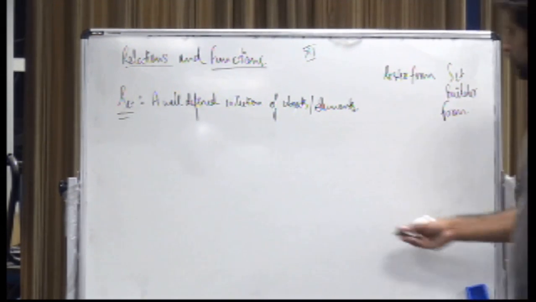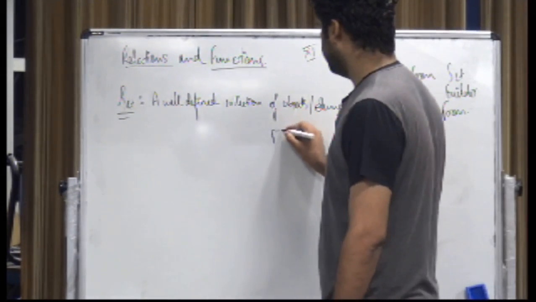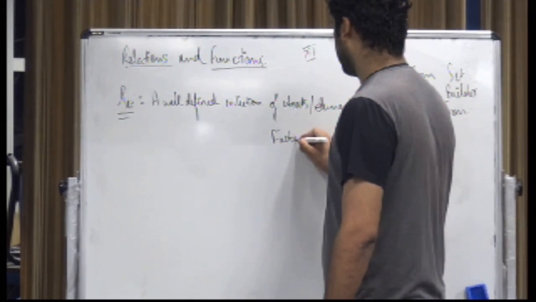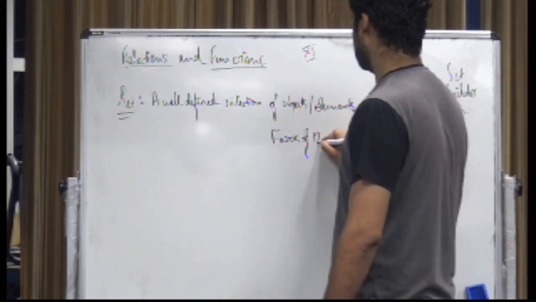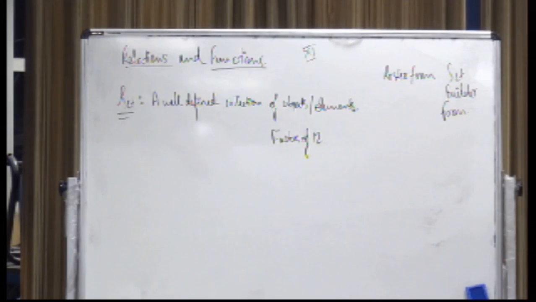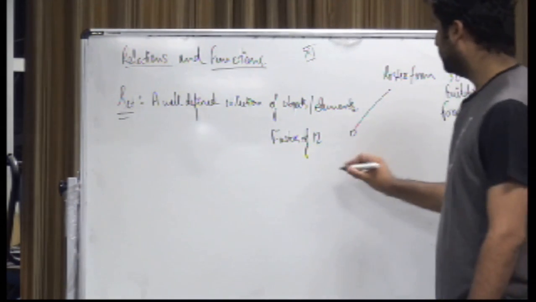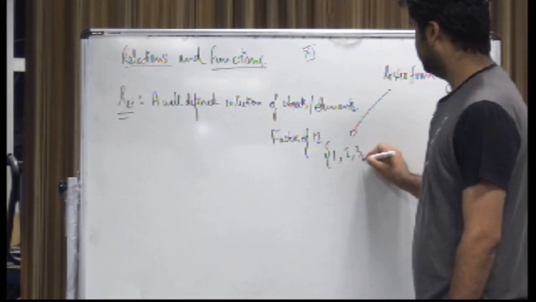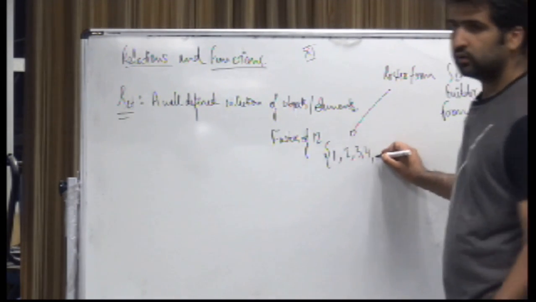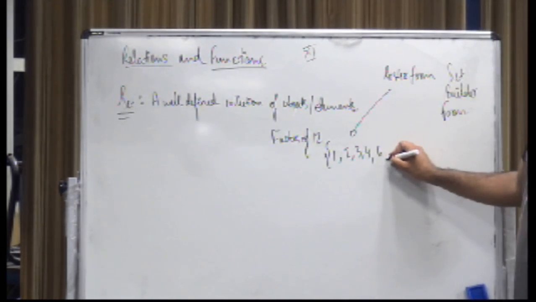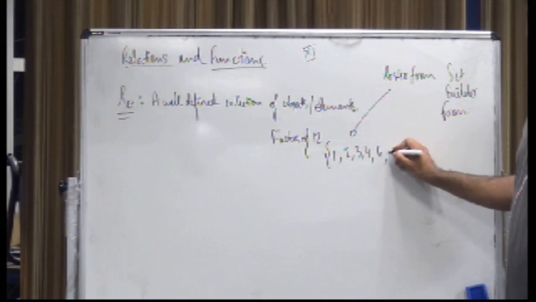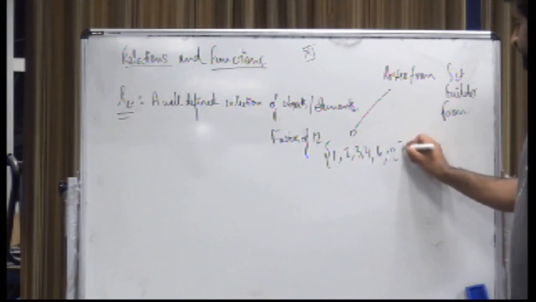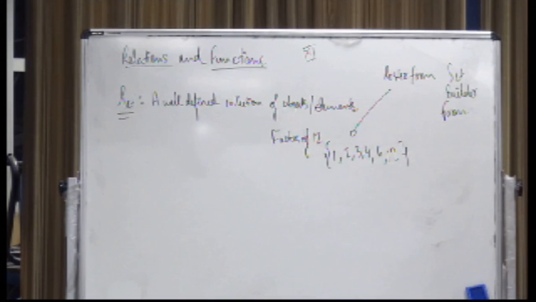Let's suppose you want to define a set for factors of 12. Roster form will just give you all the factors of 12, which are 1, 2, 3, 4, 6, and 12 is also a factor of 12, no? So these are all the factors of 12.